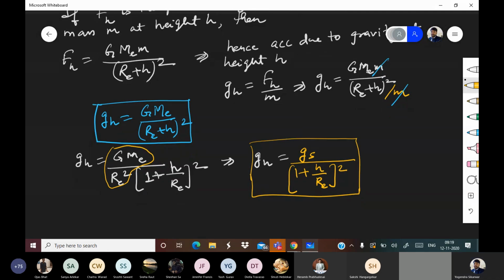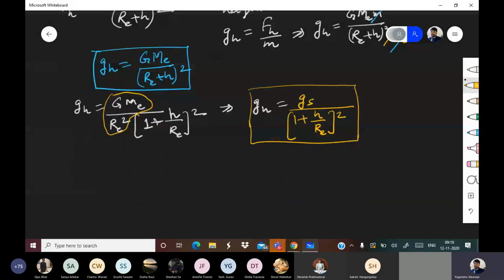Okay. So what are we going to do further? We'll solve. gh will be gs. Now I am going to write (1 plus h upon Re), and this will be to the power minus 2. I have taken it from denominator to upside. When I have taken it upside, it will be power minus 2. Now I am going to use one binomial expansion.